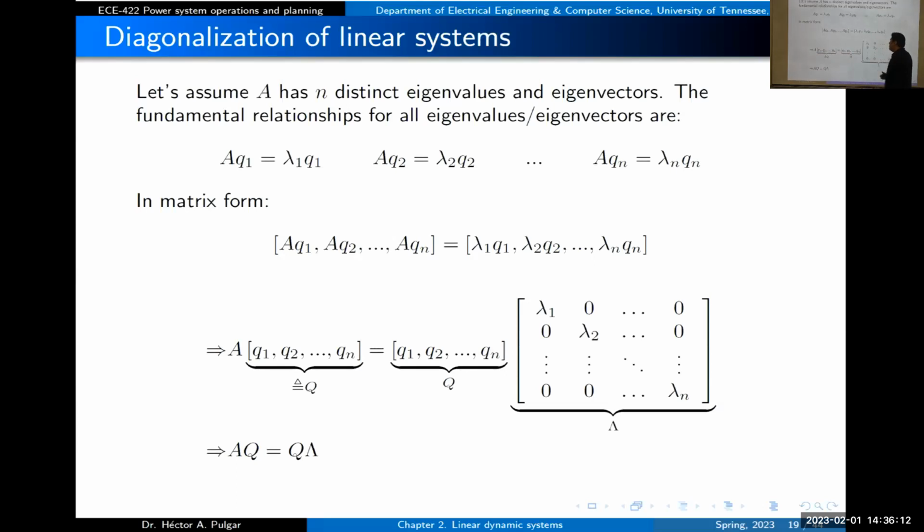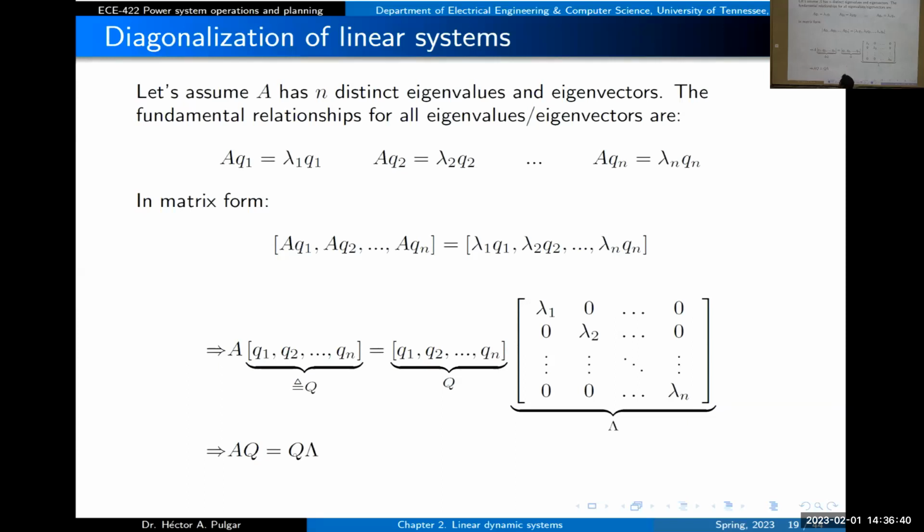So if we can get the inverse of Q always, I can multiply from the right by Q inverse. So you get A Q Q inverse. How much is Q Q inverse? Identity. So basically you get A, and that needs to be equal to Q lambda Q inverse. So we have an equation for A in terms of lambda.